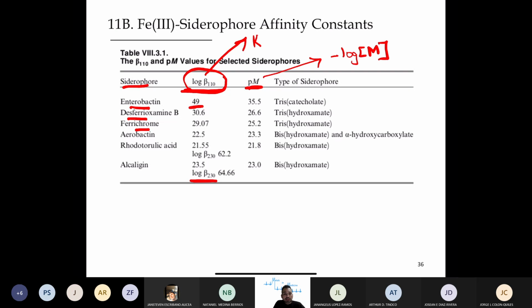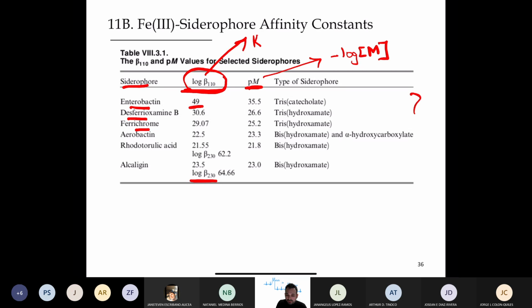So that tells us another way that we can tell how accessible the metal will be given the ligand that it's actually coordinated to. You can see that enterobactin is very effective in terms of binding the iron, and that's going to be very useful for bacteria if the bacteria wants to be able to grab that iron and take advantage of it.